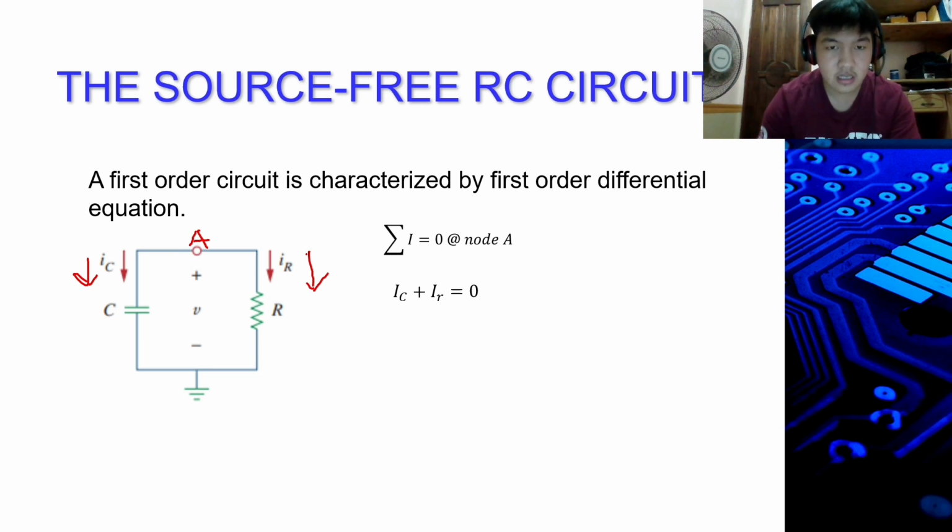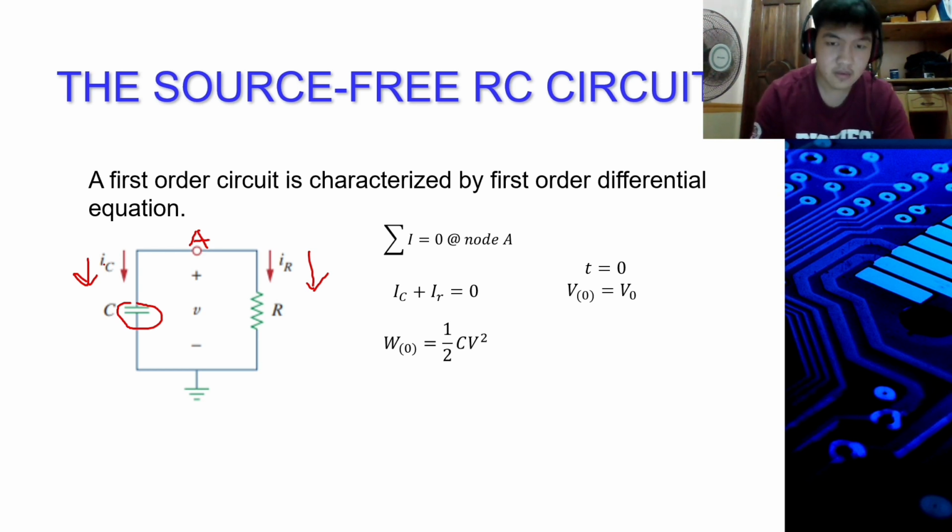Let's assume the capacitor at time equal to 0 has an initial charge, V of 0 is equal to V naught. With this we can find the energy stored in the capacitor at time 0, which is W equals 1/2 CV squared.